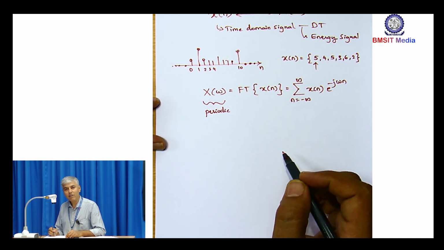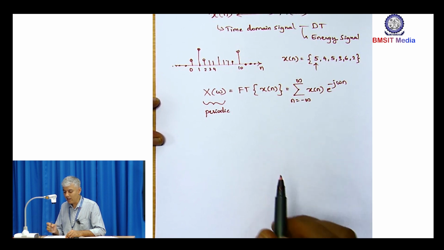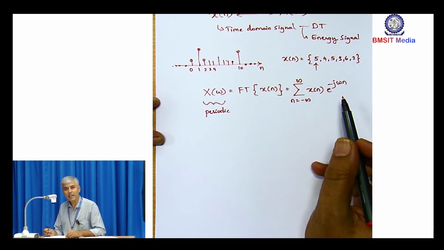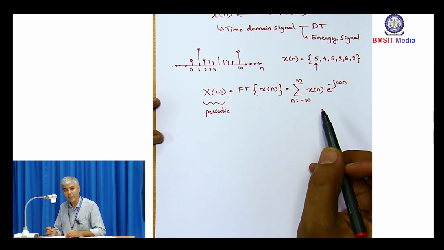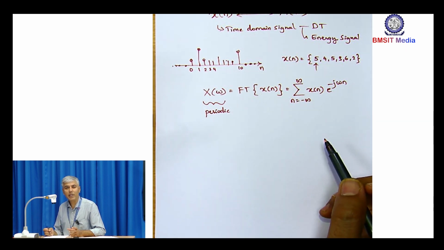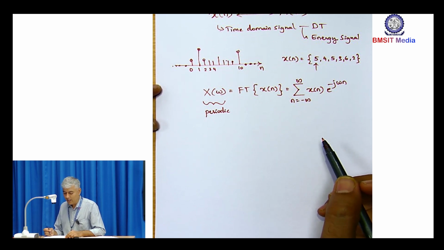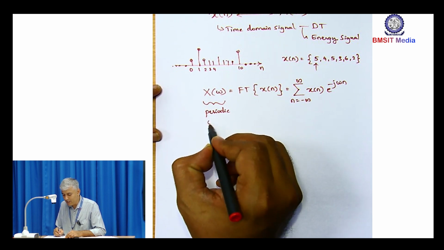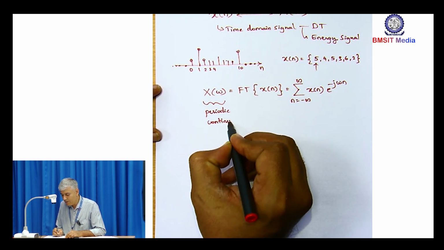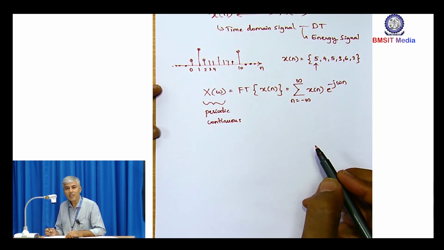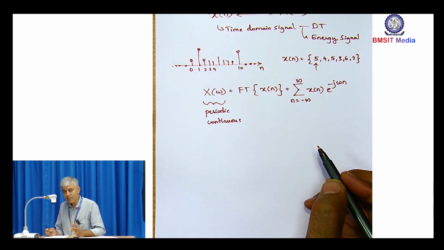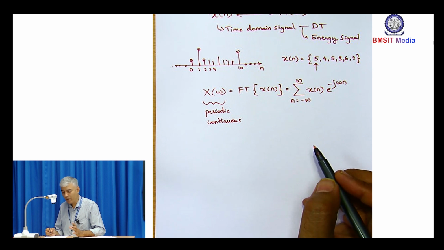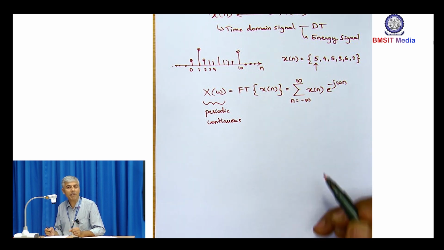So this signal x of n is aperiodic, obviously an energy signal, and its representation in the frequency domain will be periodic. Apart from periodicity, this x of omega also has continuity, that is, it is a continuous representation. So both of these give us a wide opportunity to use for our benefit.